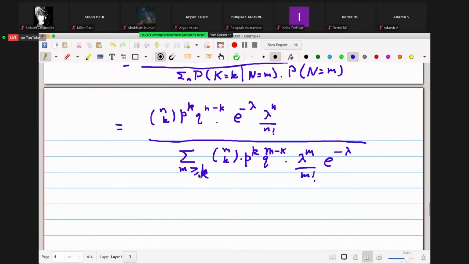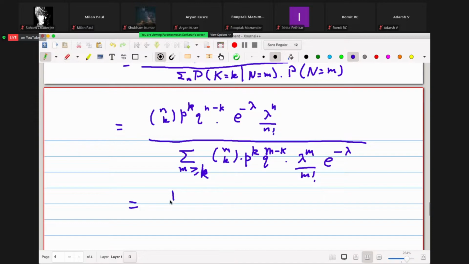You can simplify this slightly. So this n factorial and n factorial will disappear, leaving k factorial here. And in the denominator also, we are going to get a k factorial, so 1 by k factorial, 1 by k factorial will get cancelled, leaving here n minus k factorial.